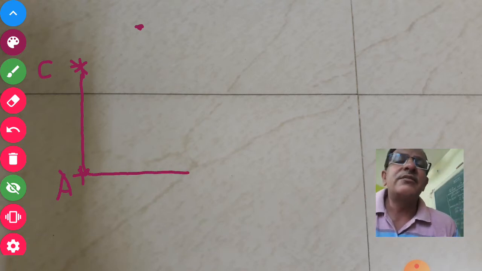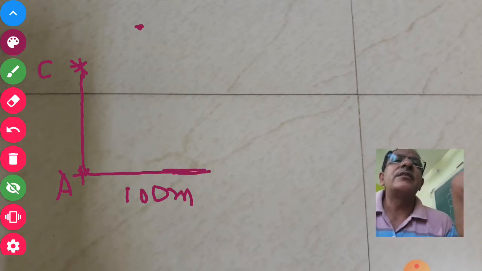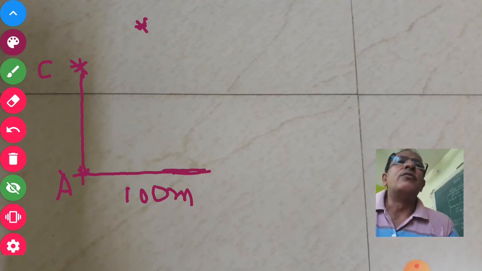How much does he go? He goes by 100 meter. Again from this point he spots this distant object. He is looking at this object in the direction DO.